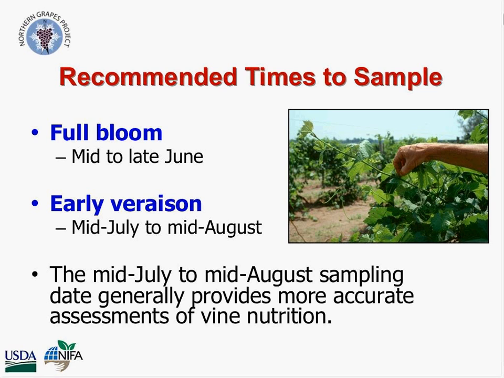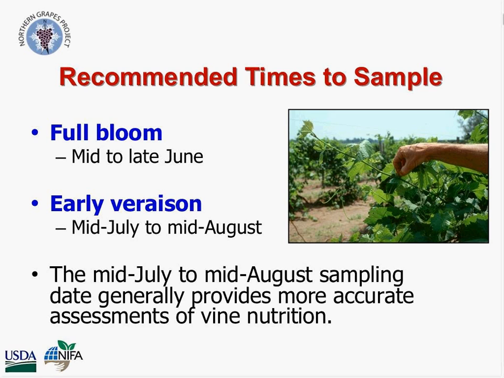But even with that decline, we want to try to collect at the same time. If we go in and do it at early veraison, then we have a physiological event occurring in the vines that we can rely on regardless of weather conditions from year to year, because last year's warm growing season was a good example of that.